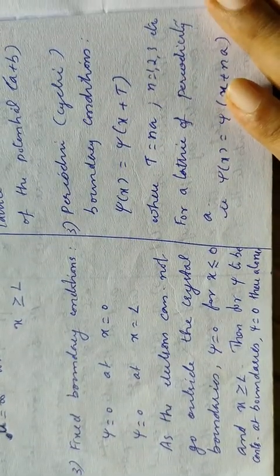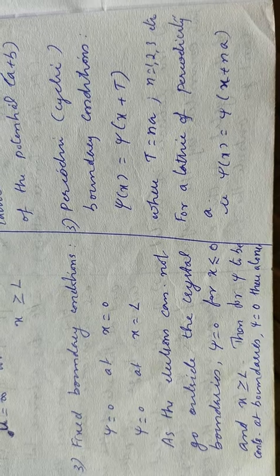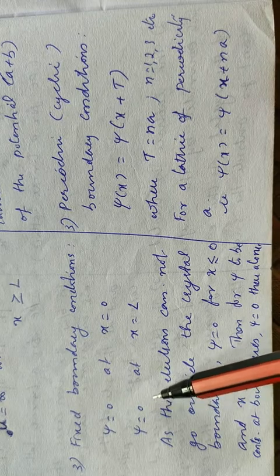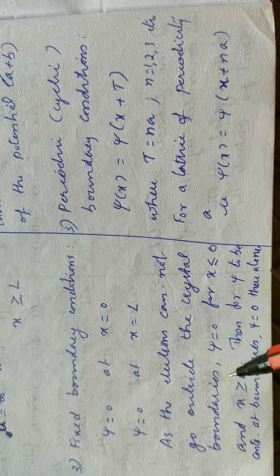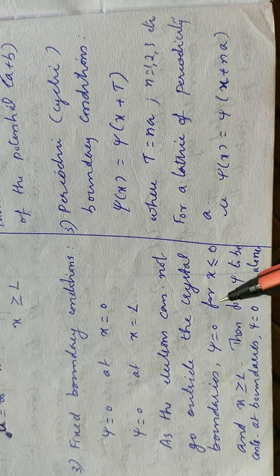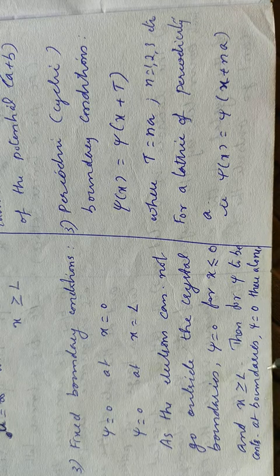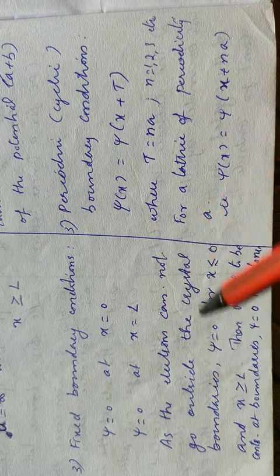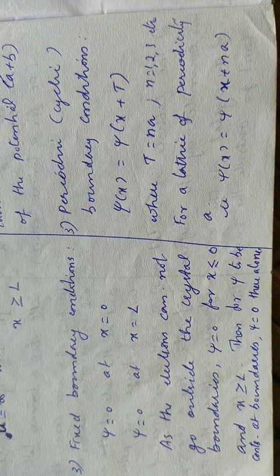Fixed boundary condition says psi is equal to 0 at x is equal to 0 and x is equal to L. As the electrons cannot go outside the crystal boundaries, psi is equal to 0 for x less than or equal to 0 and x greater than or equal to L. So this is the boundary condition. The electrons can't go outside the boundaries.